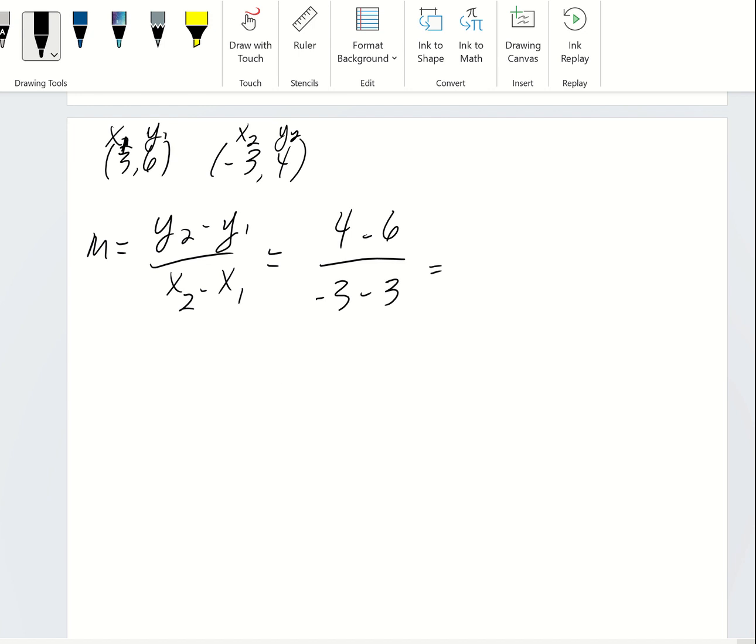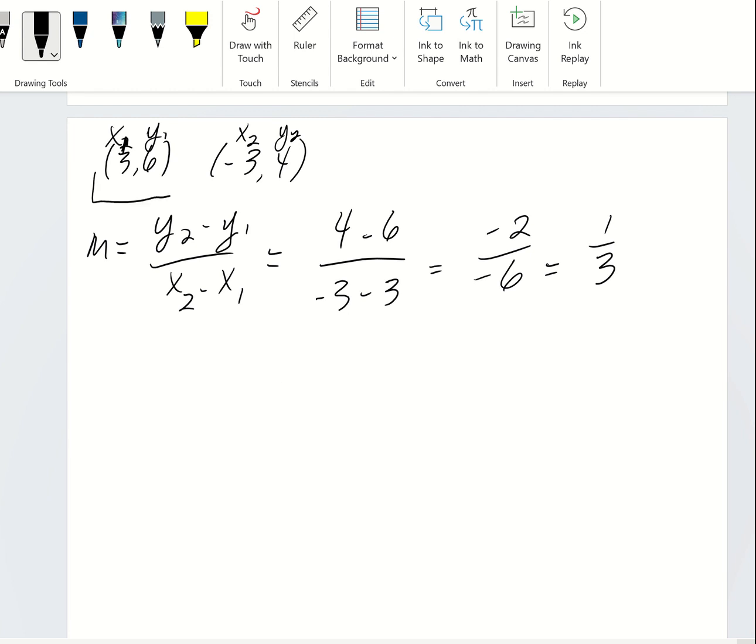So I end up with negative 2 over negative 3 minus 3, which is negative 6, which simplifies to 1 over 3. So that's my slope.